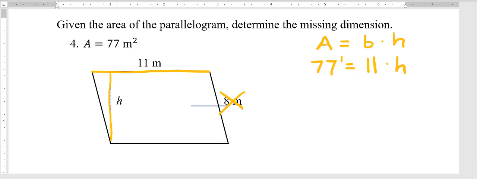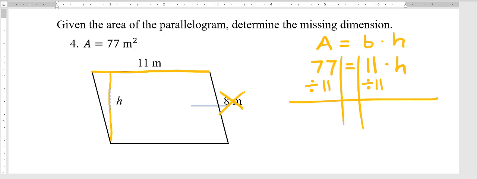To solve for h, we need to do our railroad tracks. To get the h by itself, right now we're multiplying, so we need to divide by that number that's in front of the h. But what we do to one side, we have to do to both sides. 77 divided by 11 is 7. 11 divided by 11 is just 1, so we have 1 times h, which is just h.